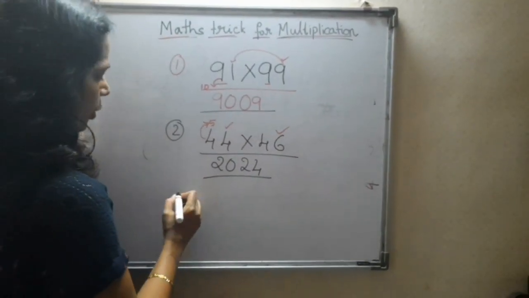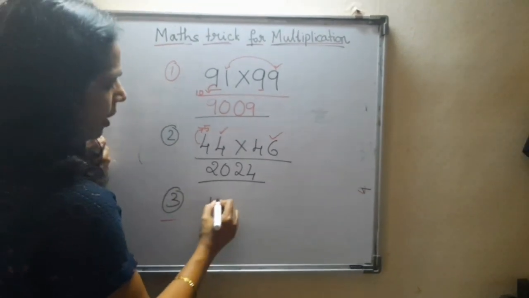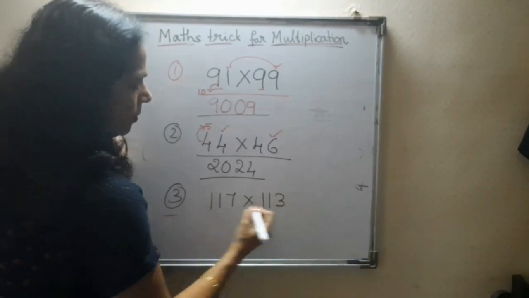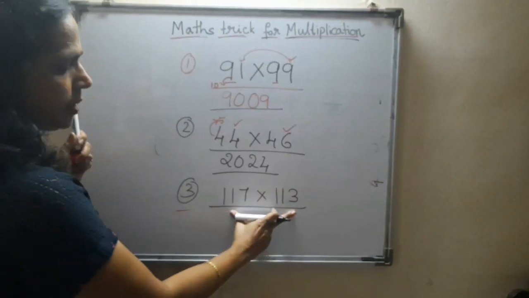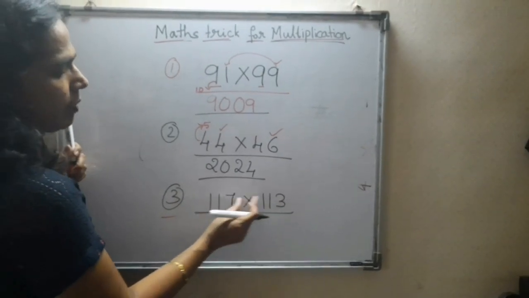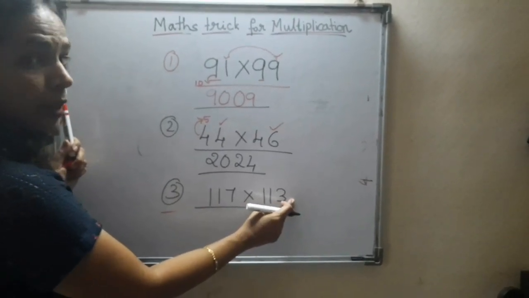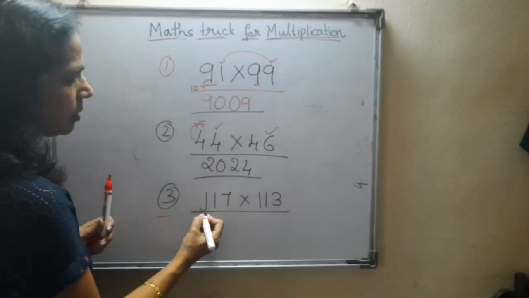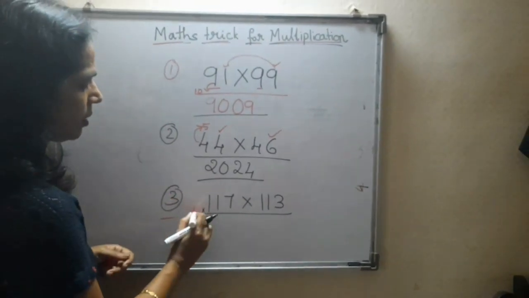If I show you one more example, which is 117 multiplied by 113. Now see, even though it is 3 digits, you can see this 11 and this 11 are common. And this 7 plus 3 is how much? 10. So I can use it here also. The next number of 11 is 12.